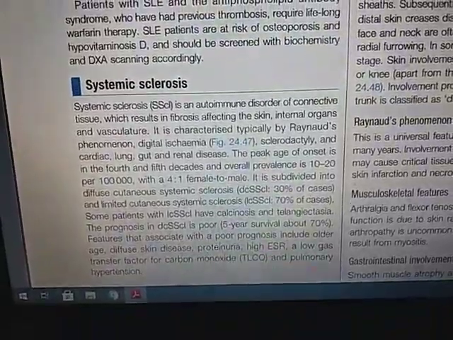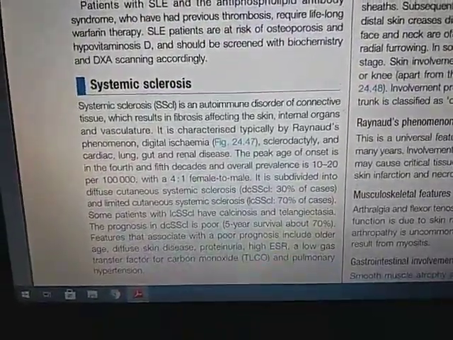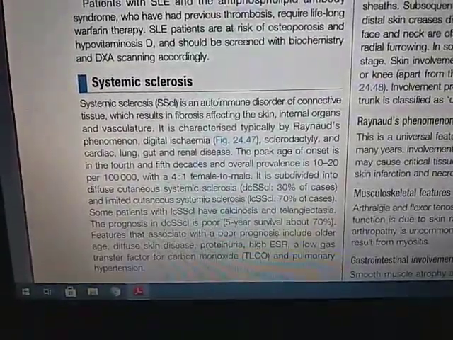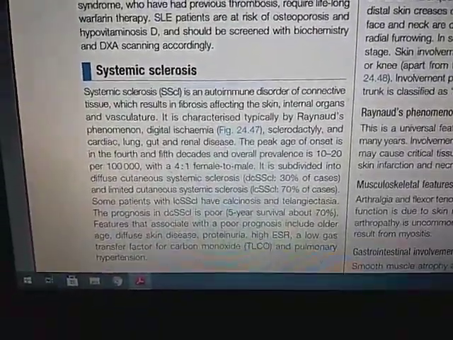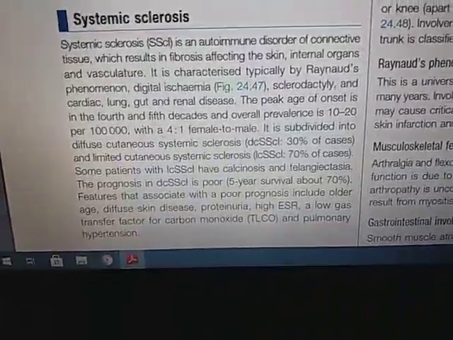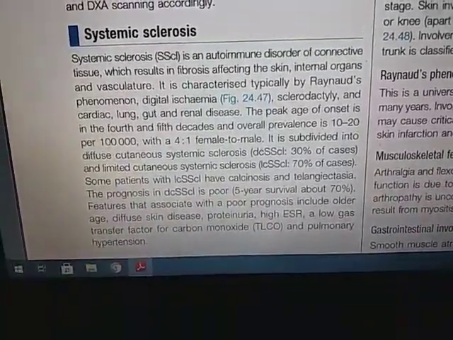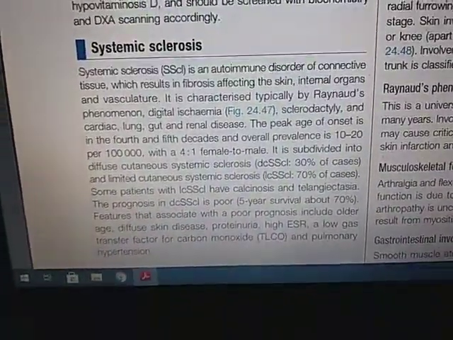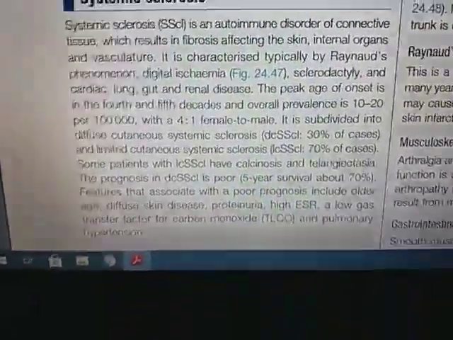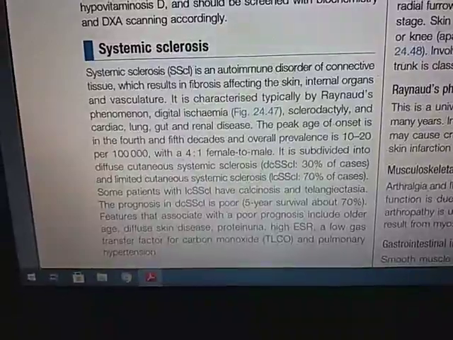Systemic scleroderma might be limited cutaneous systemic sclerosis, or it might be diffuse cutaneous systemic sclerosis.